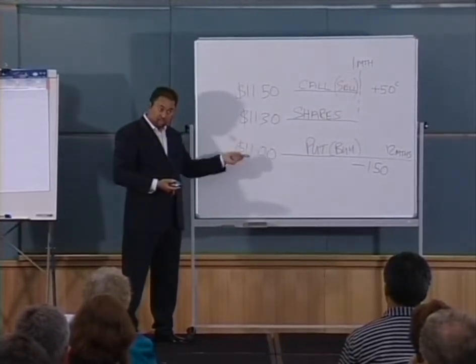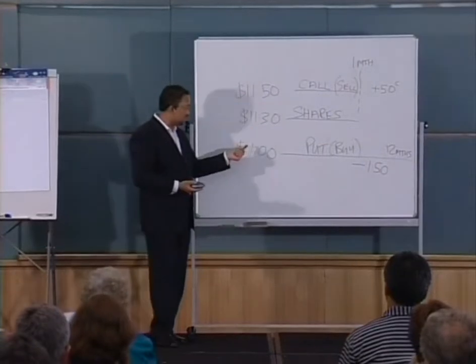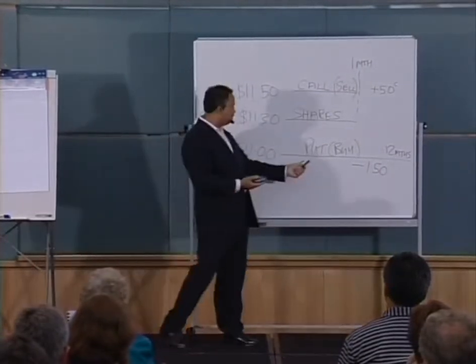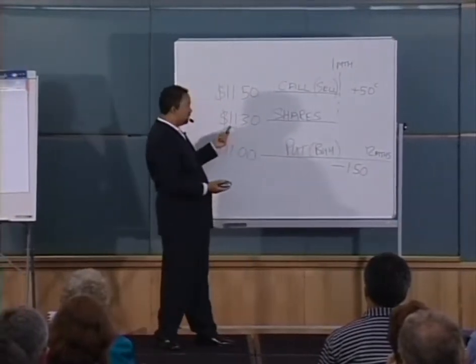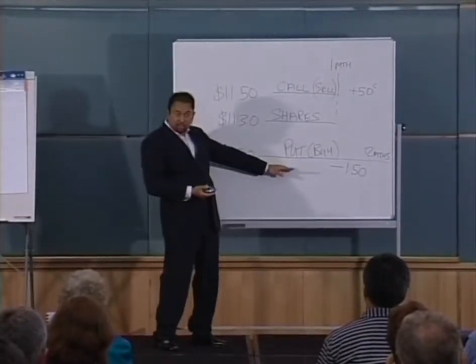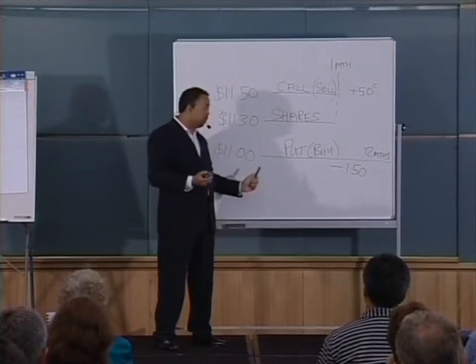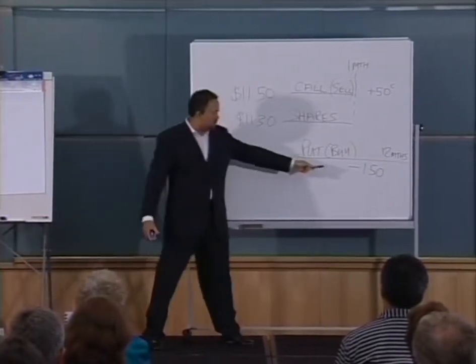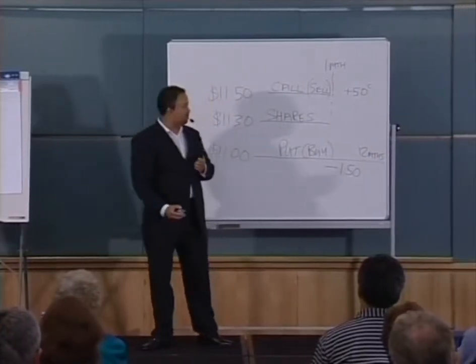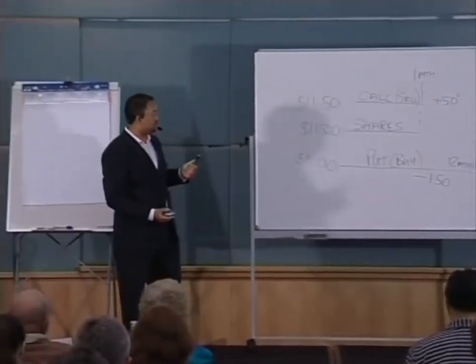So the most you can lose there is 30 cents. However, you've also paid for the put option $1.50. So your risk, instead of being $11.30 without the put option, is now reduced to only $1.80, which is the 30 cents there plus how much you paid. So it's a big difference in the amount of risk.